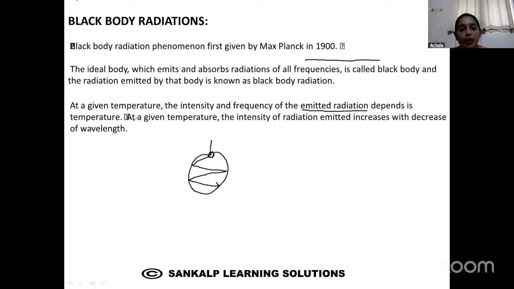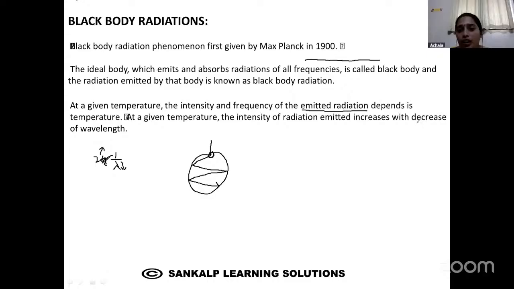At a given temperature, the intensity of radiation emitted increases with decrease of wavelength. Why decrease of wavelength? Because we know that frequency increases with temperature, and frequency and wavelength are inversely proportional. As frequency increases, lambda should decrease.